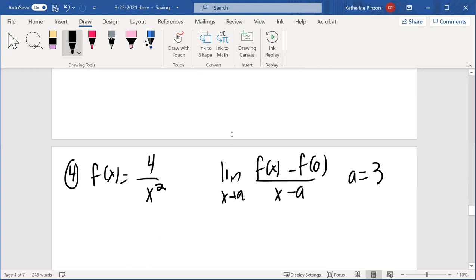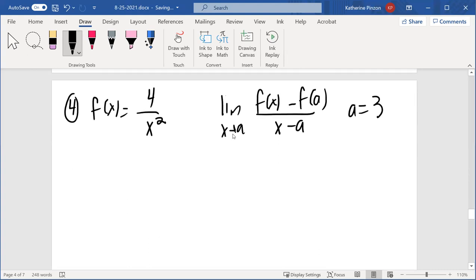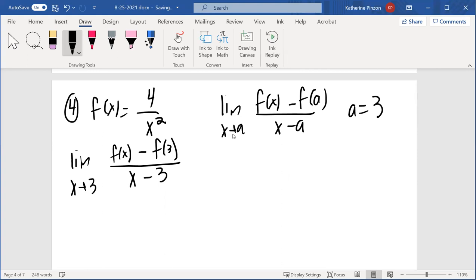Okay. So I'm going to do the limit as x approaches 3, f of x minus f of 3 all over x minus 3. No, it doesn't. It says 1. Sorry, I read badly. It says 1, 1, 1. That's better.